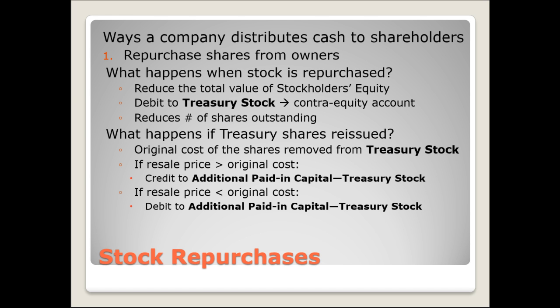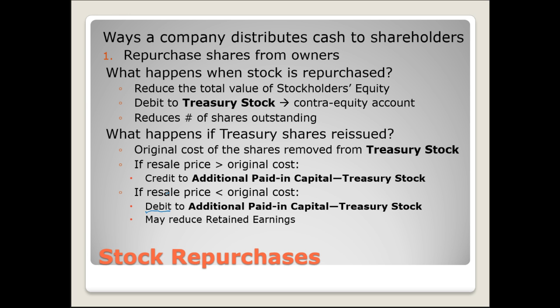Now, if there is not enough of a credit balance in the additional paid-in capital treasury stock account to cover the size of this debit, then you may actually have to reduce retained earnings in order to resell those treasury stock shares at a price lower than you repurchased them for.